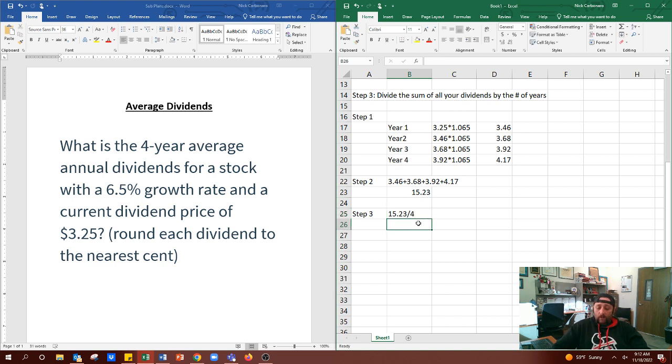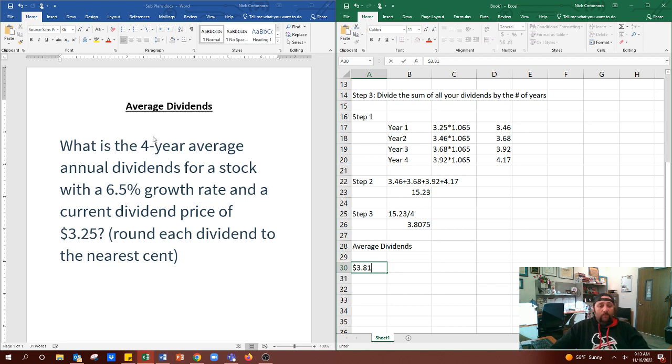If we do that calculation, 15.23 divided by 4 is 3.8075. So the average dividends would be $3.81 because of the rounding. 3.807 rounds up to 3.81.